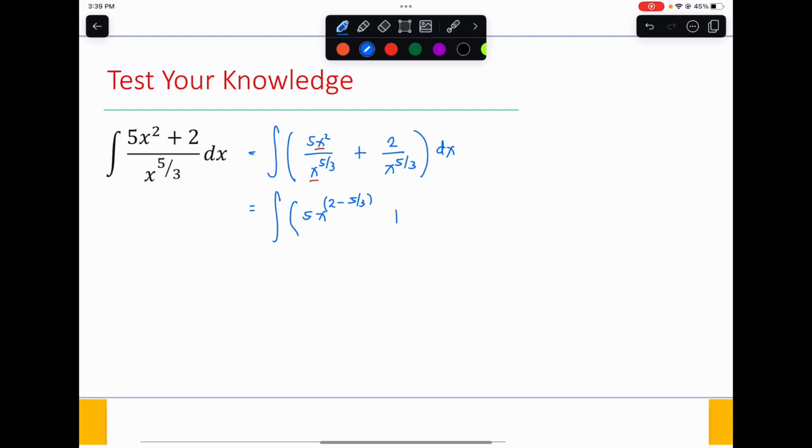And then plus 2, and we still have x. Remember, if we don't have x here, it is the same as x raised to 0. Thus this one will become 0 for the numerator minus 5 over 3 for the denominator, or we simply take the inverse of 5 over 3, move it up, and it will become negative.